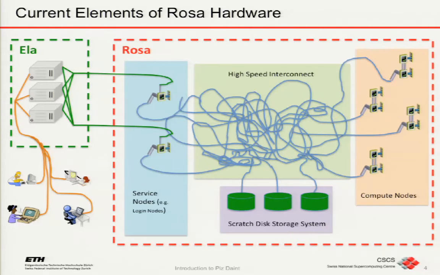So the current way for anybody who's got access to Rosa that we have the system set up looks like this. Well, it doesn't really, but this is my way of thinking about it. So we have a set of compute nodes with a big high-speed interconnect, and on Rosa you then have these service nodes. And as a user, you would log into Ayla, and then you would do your compilations and so on Ayla, and then you might submit your batch jobs.